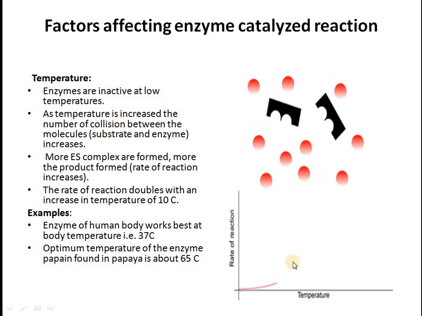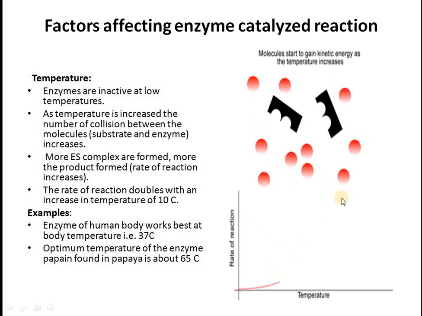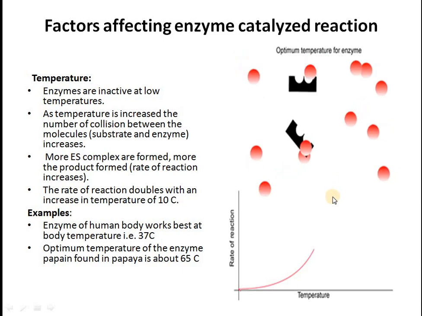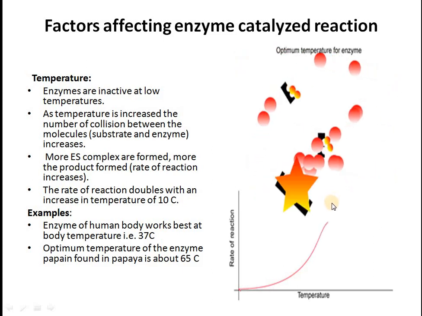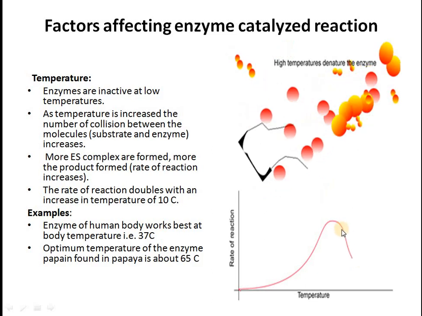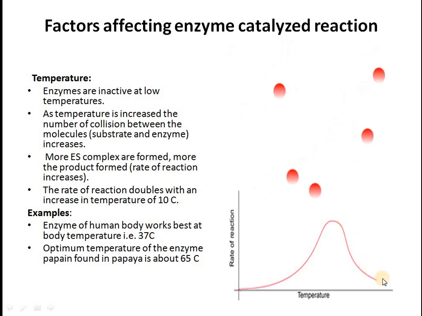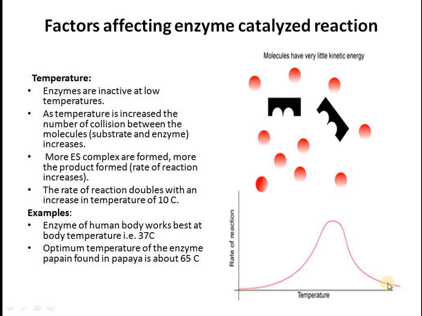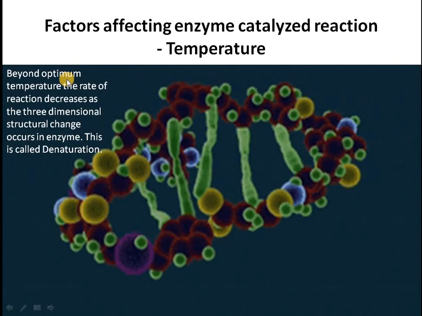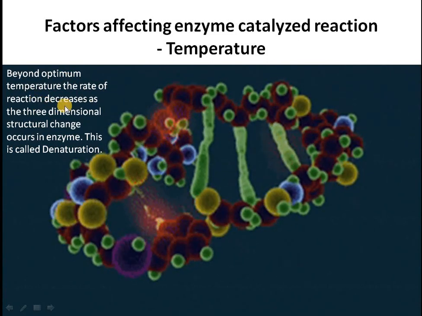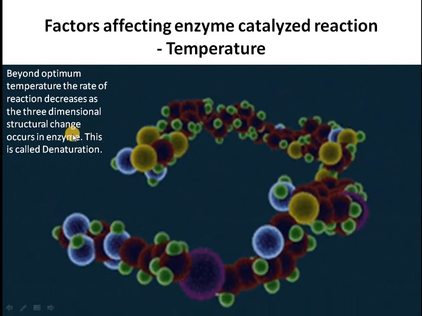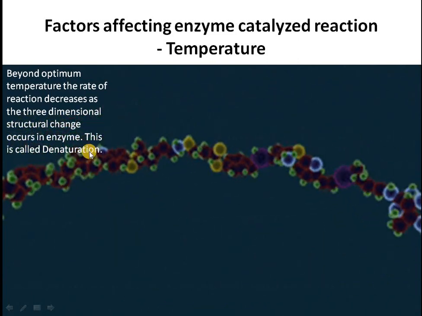But if you increase the temperature beyond the optimum temperature, beyond the temperature where the enzymes were working at their best, the rate of reaction would start to decrease because of the distortion in the structure of enzyme. Beyond optimum temperature, the rate of reaction decreases as the three-dimensional structural change occurs in enzyme.